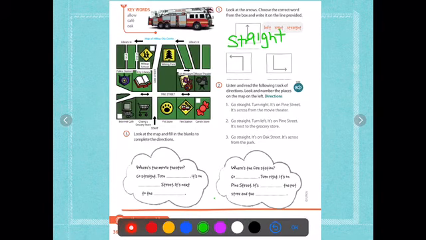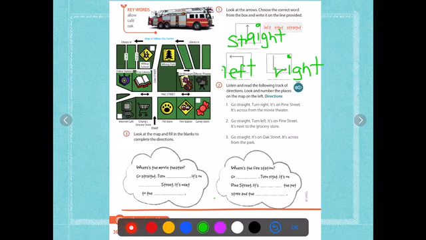Now, if I go in this direction, what direction am I going, sorry? Yes, it's left. Now, if I go in this direction, what direction am I going? Excellent. I'm going on the right side.